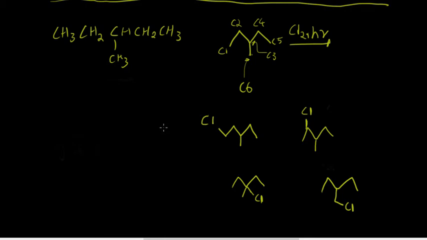So that's 6 hydrogens for this compound, and these are all primary hydrogens. So let me write 6 primary hydrogens. To get this product, you could abstract either 2 hydrogens at C2 or 2 at C4, and these are secondary hydrogens. This 2 plus 2 is 4. So here 4 secondary hydrogens.